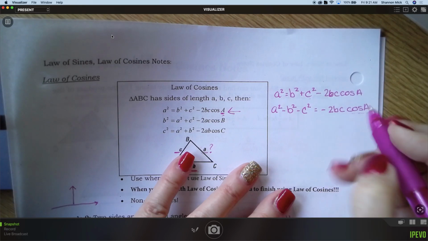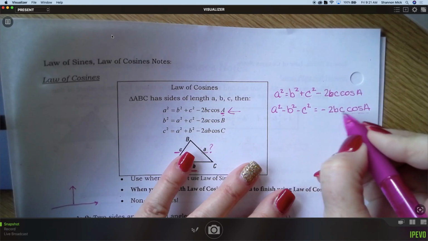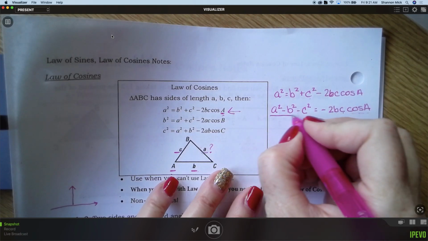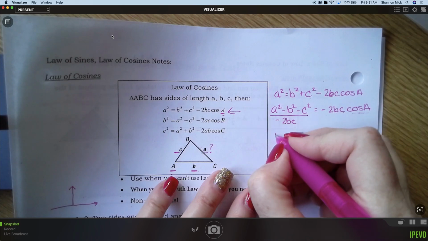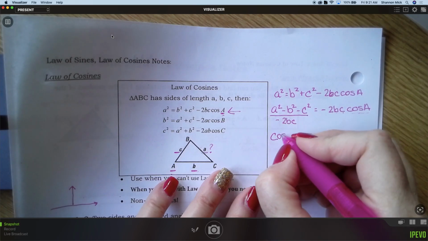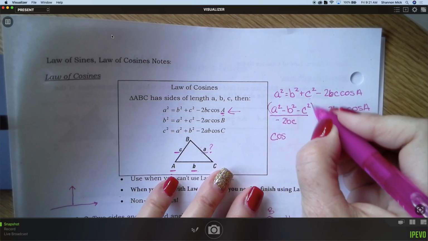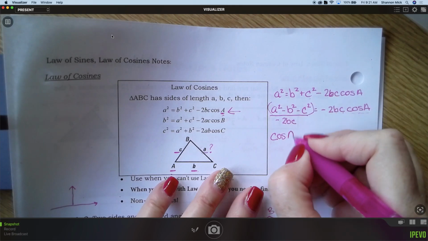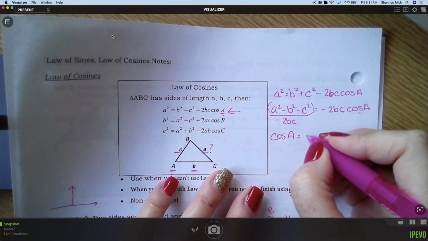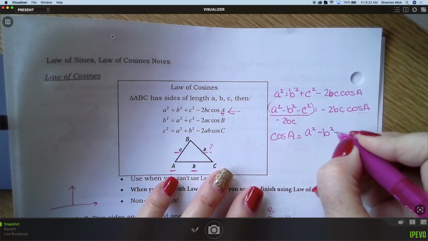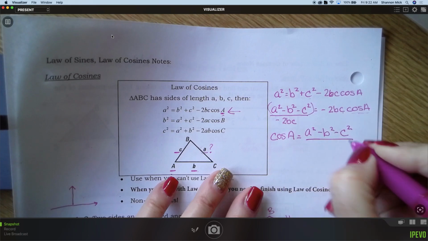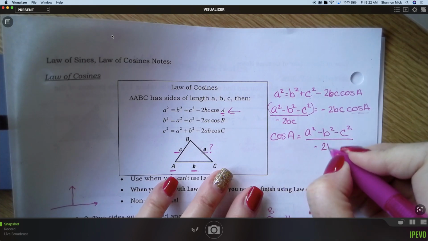Yes, you divide. So I divide by this negative 2BC, don't I? So divide by negative 2BC. Do the B and C cancel? No, they do not. Why? Because it's a quantity of minus. Okay, so I have A squared minus B squared minus C squared over negative 2BC.